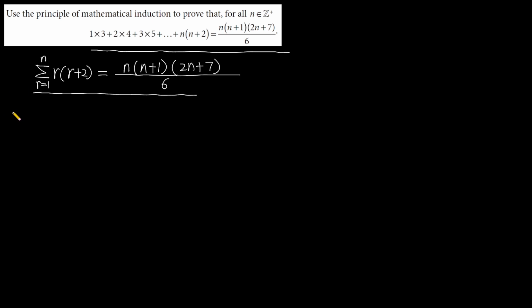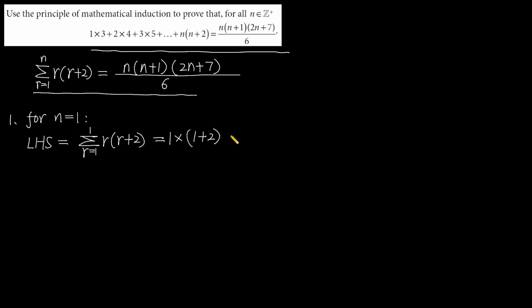Now, step 1. For n equals 1, the left-hand side equals the sum from r equals 1 to 1 of r(r + 2). So this equals 1 times (1 + 2), which equals 3.